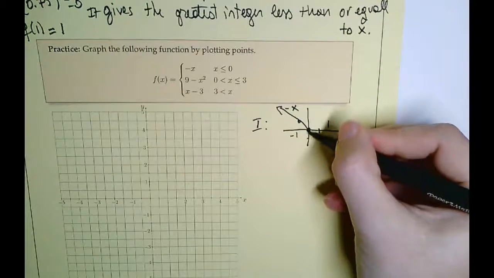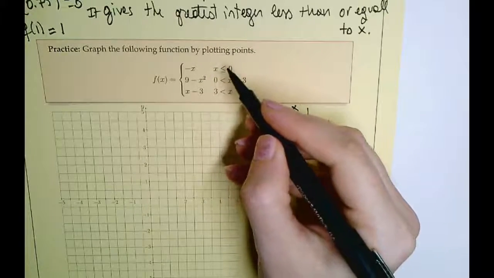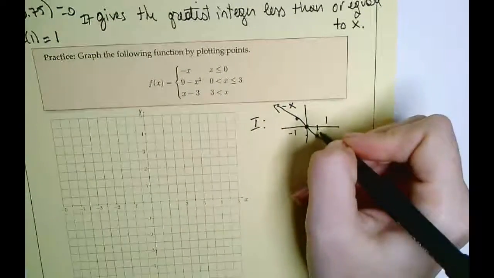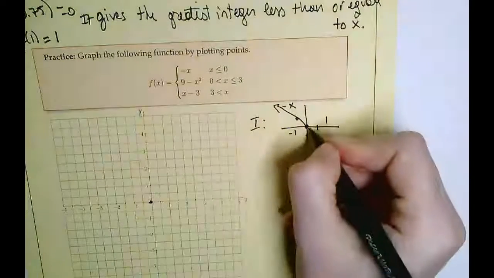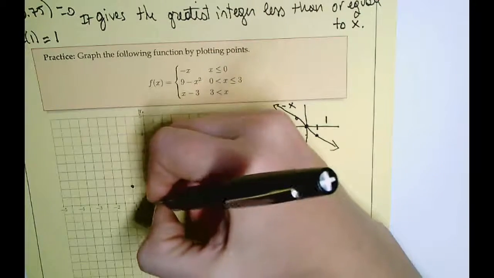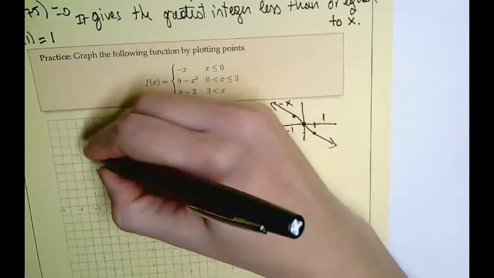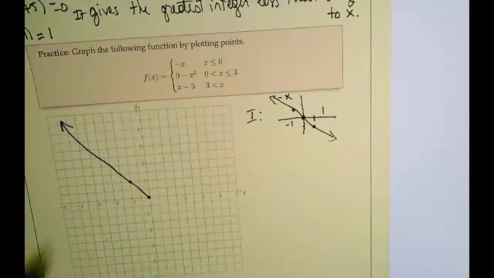But I'm only interested in this portion of it, from 0, including 0, to the left. So let's graph the first portion. So just 0, including 0, and then the point -1, 1. So this is the first piece. So this is -x.